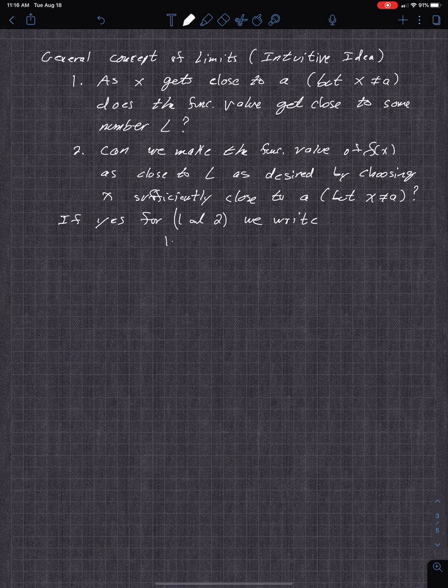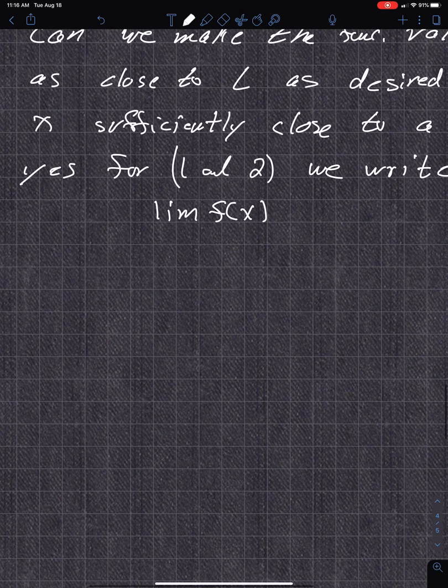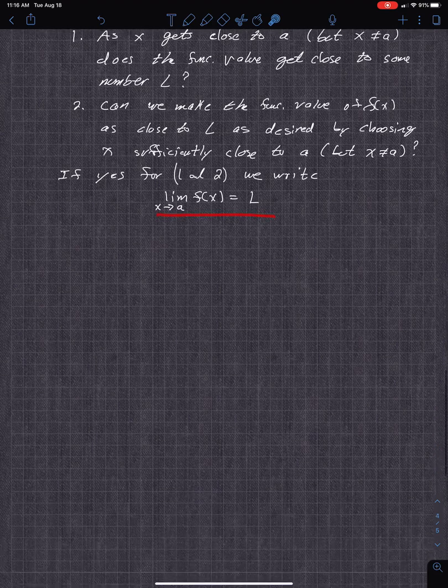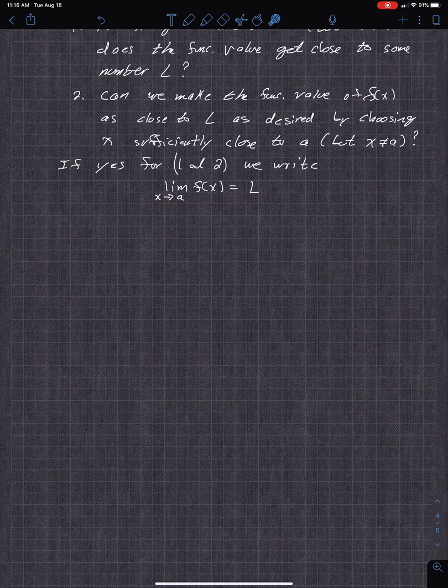We write the limit, LIM for limit, of f of x as x approaches a equals L. So we're saying that the limit equals L. That's the idea. So if that's the case, then we have that limit. Let's see if I can make that look like a box. Sure did, yay. You can move it and make it fit exactly on there.